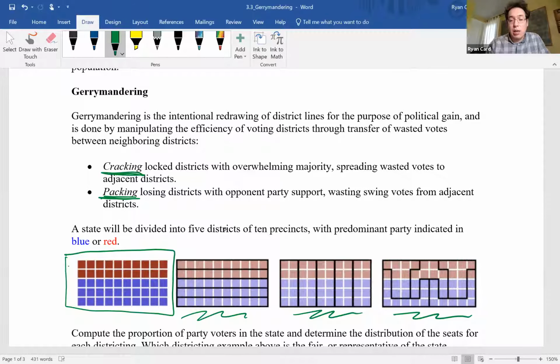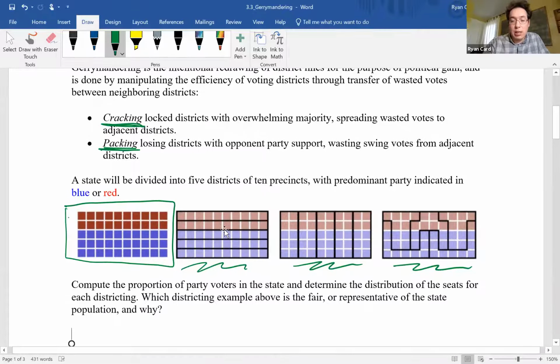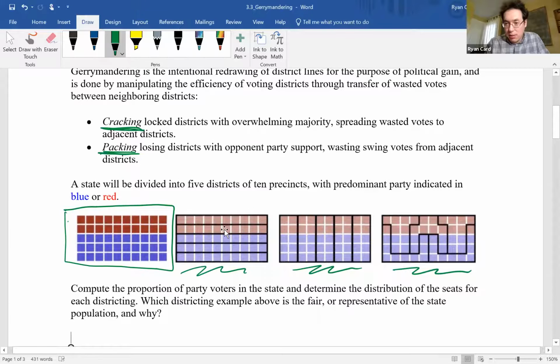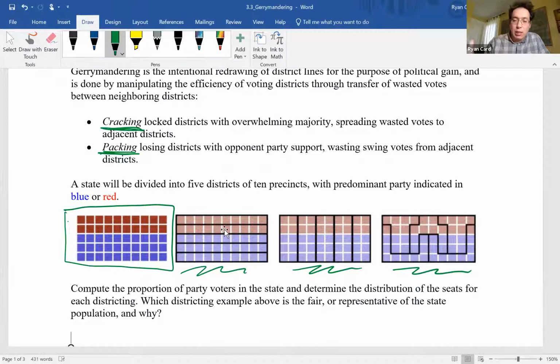So I want you to look at it and see how many boxes. Let's say one box is one precinct, there are 10 precincts in one district, and the majority color in each district will win a representative. So try to compute which party wins how many representatives for each of the three shown on the right.